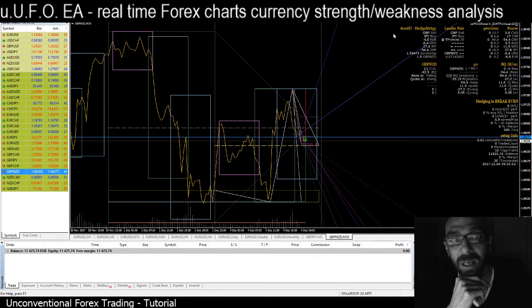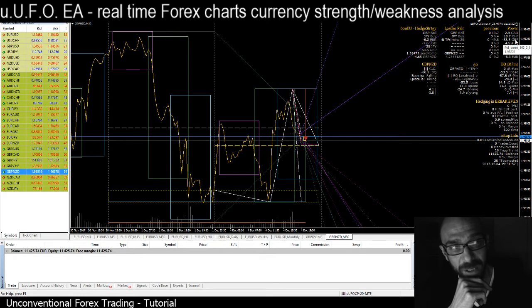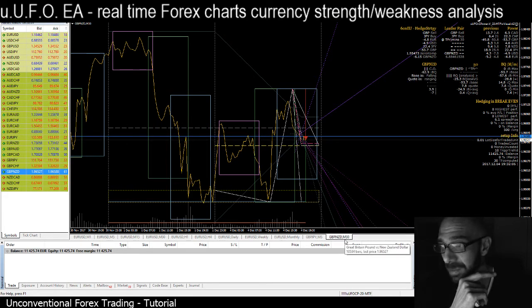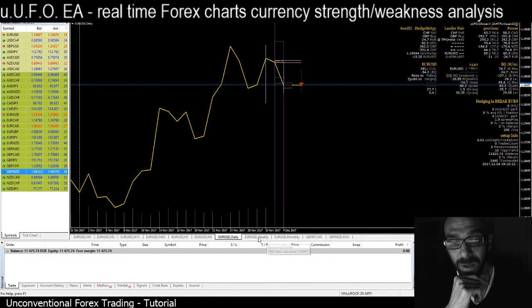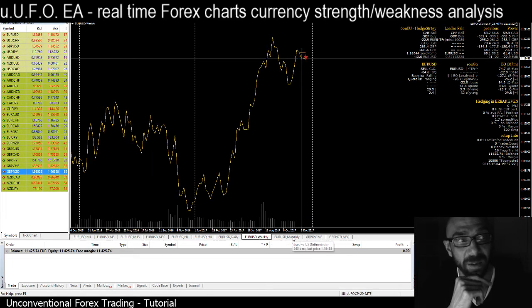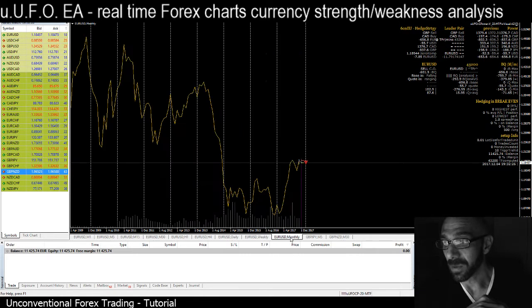And see here at 1 and at 30 minutes we have GBP negative and Japanese yen strong at 30 minutes. If we go on a higher time frame, we have GBP strong, Japanese yen strong and stronger than before. So this is uncertainty, and we should stay away from the trades.